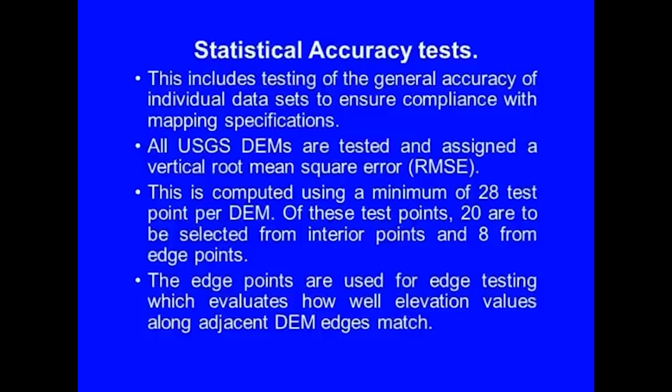This is computed using a minimum of 28 test points per DEM. Out of these test points, 20 are selected from the interior points and 8 from edge points. The edge points are used for edge testing, which evaluates how well elevation values along adjacent DEMs match at the edge.